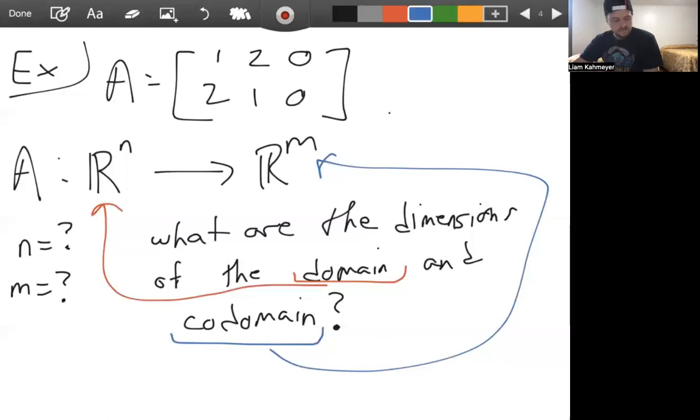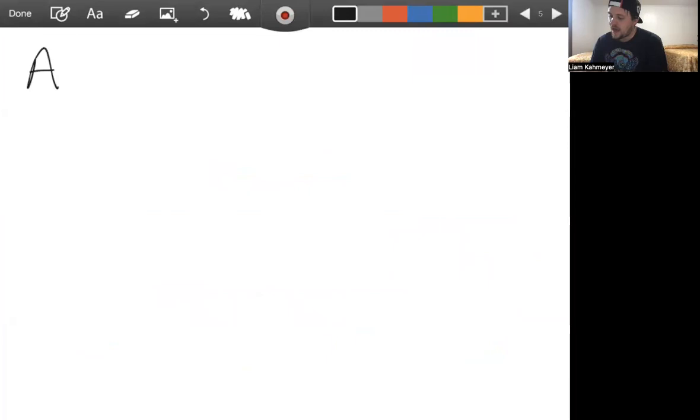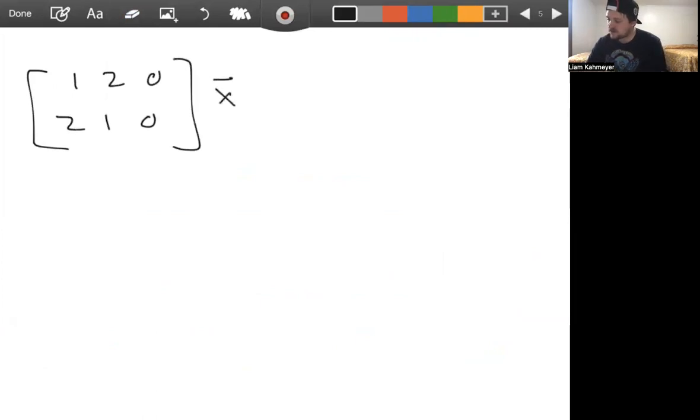So how would we find this? Well, what do we need to do, right? To find these dimensions, we need to understand A as kind of an action. It's something that we apply to a vector to transform it. If we have the matrix A, which is 1, 2, 0, 2, 1, 0, and we wanted to multiply this by some vector x and then get some vector b, we have to ask ourselves, what do the dimensions of the vector have to be?